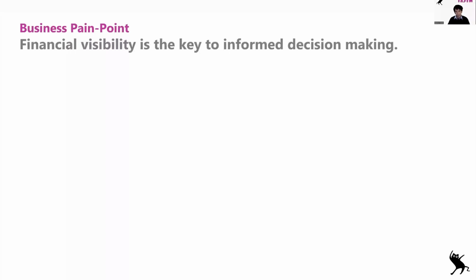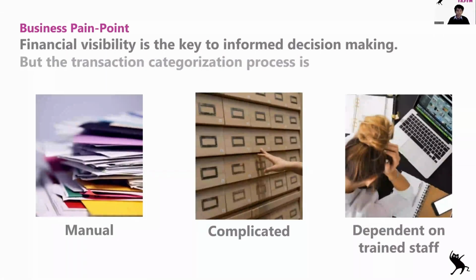To be able to answer these questions, businesses go through a process known as the transaction categorization process, also known as line item accounting. But the problem for many organizations is that the transaction categorization process is a manual process requiring many hours of handling transactions and invoice documents.